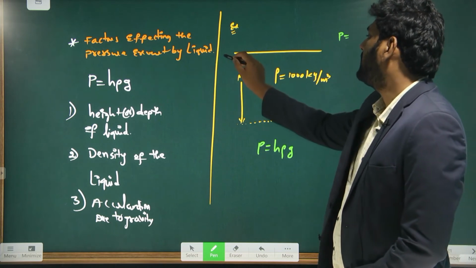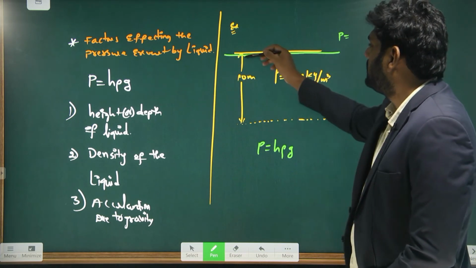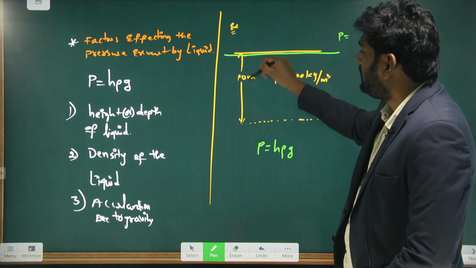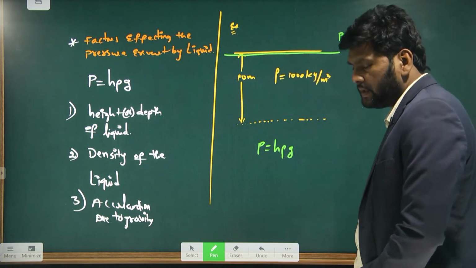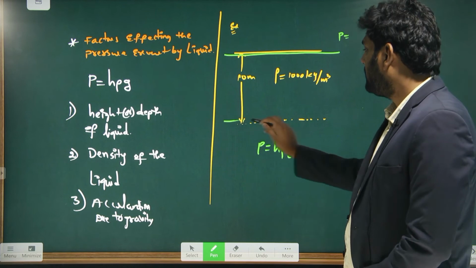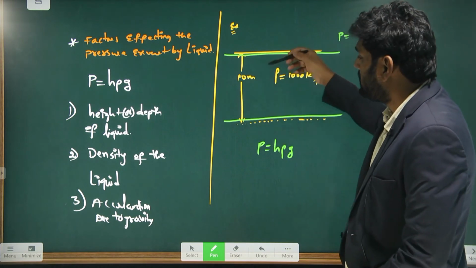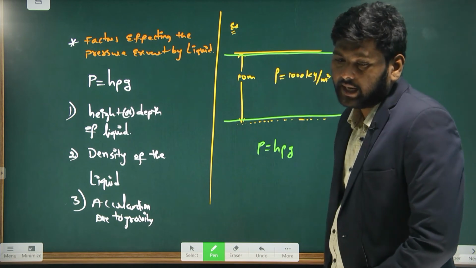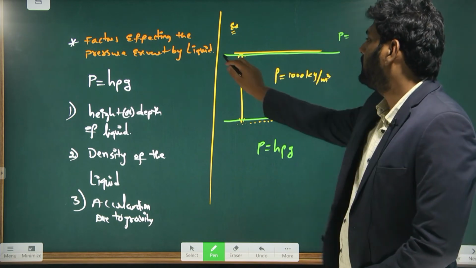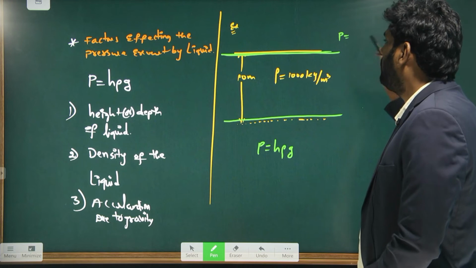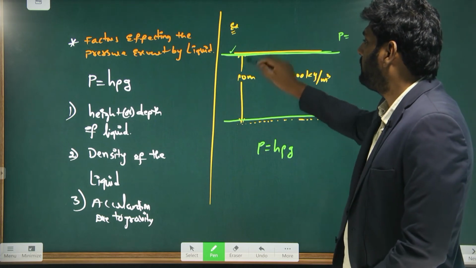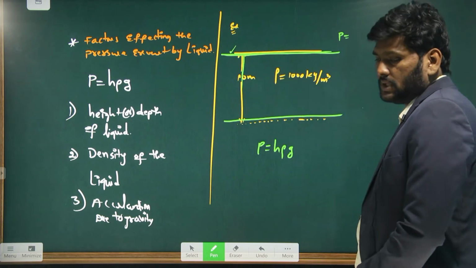If I take this as a reference, this 10 meters is considered the depth, or if I take this as a reference, this 10 meters is the height. Now I'm taking this as a reference, so this 10 meters is a depth.